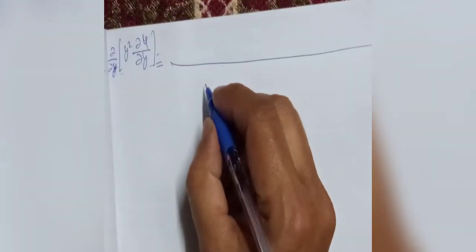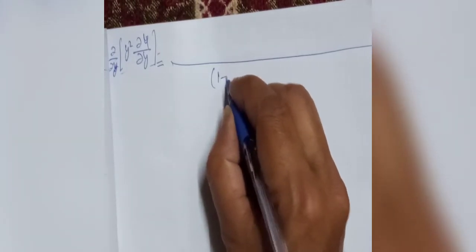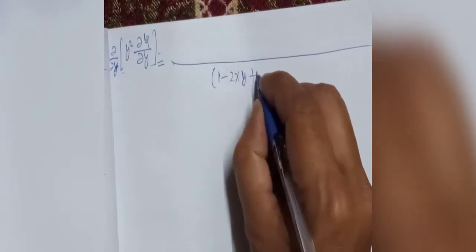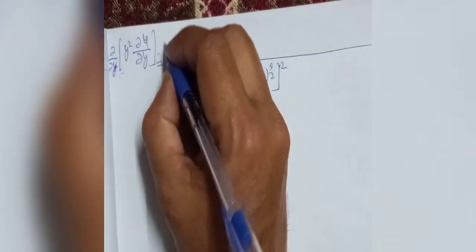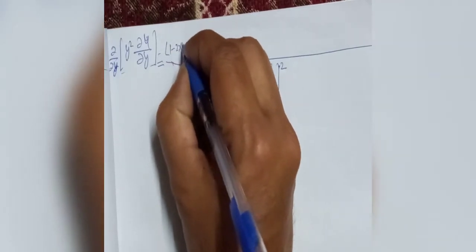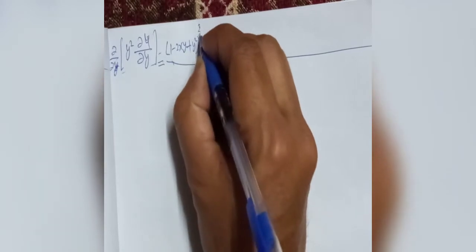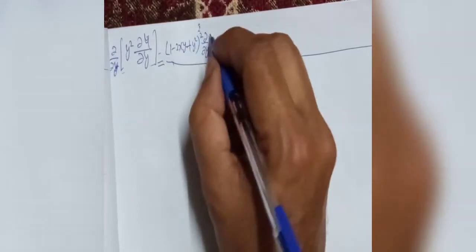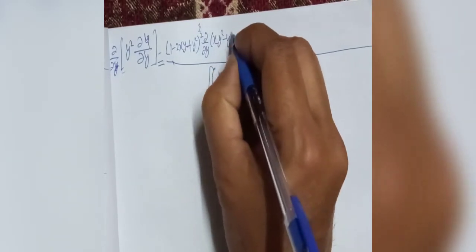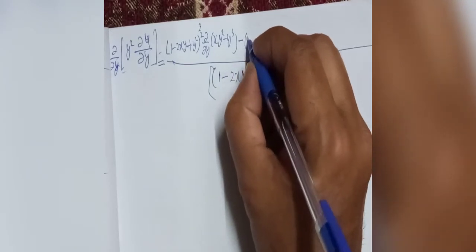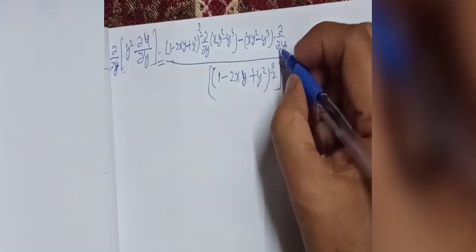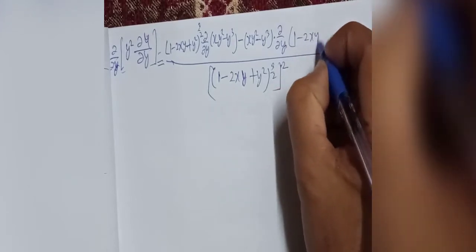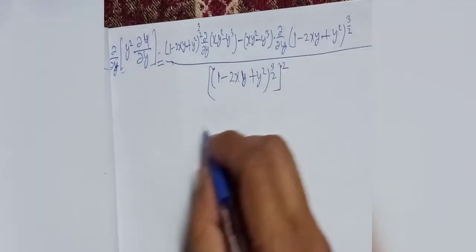So I write it as denominator whole square, in the denominator 1 minus 2xy plus y square whole power 3/2, and write the denominator as it is, 1 minus 2xy plus y square whole power 3/2, and differentiation of numerator, which is xy square minus y cube, and write numerator as it, xy square minus y cube, and differentiation of denominator with respect to y, 1 minus 2xy plus y square whole power 3/2.